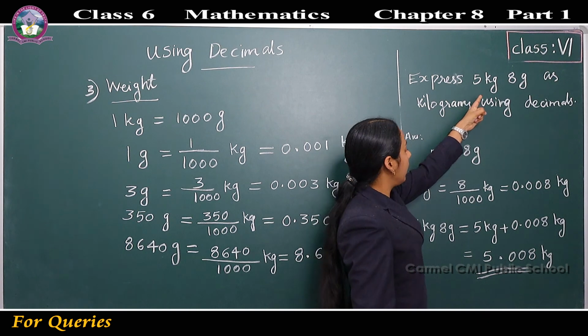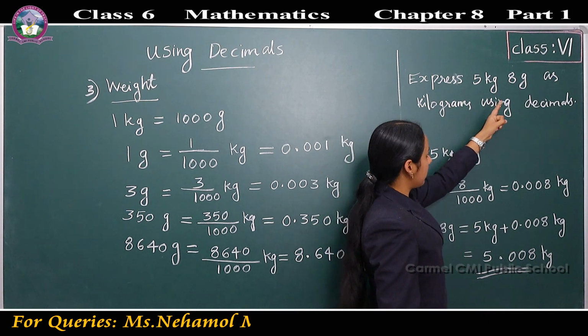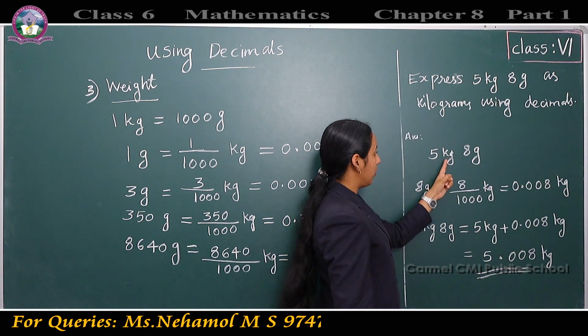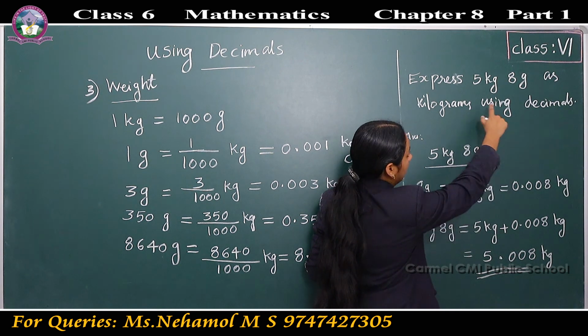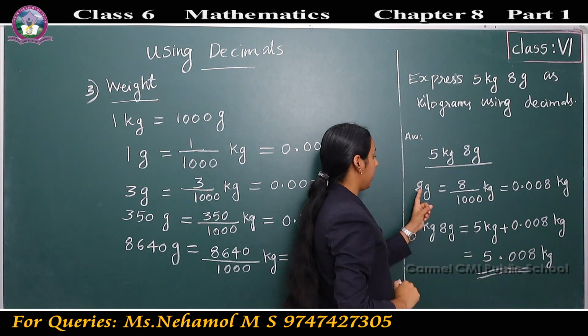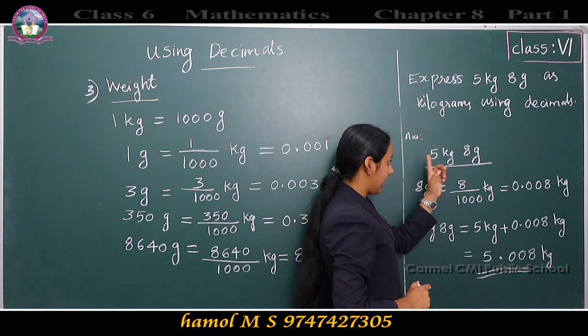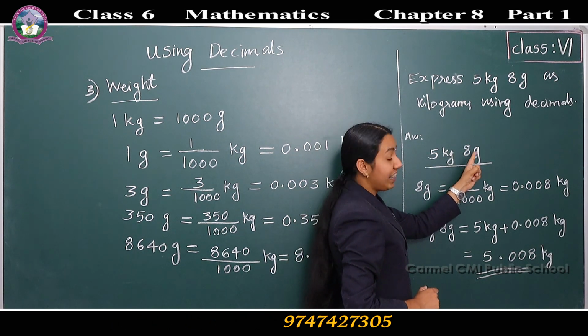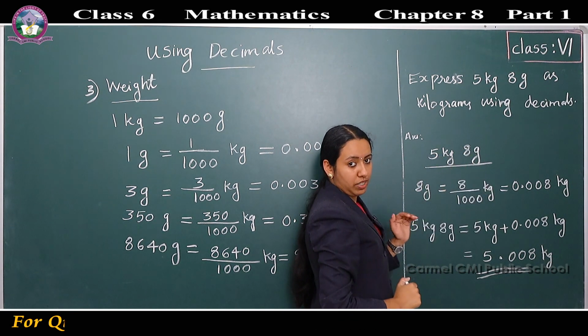Express 5 kilogram 8 gram as kilograms using decimals. We have to convert this full to kilogram. Then 5 kilogram, no need to change it. The second one, 8 gram. So we have to convert this 8 gram to kilogram. What is the procedure?